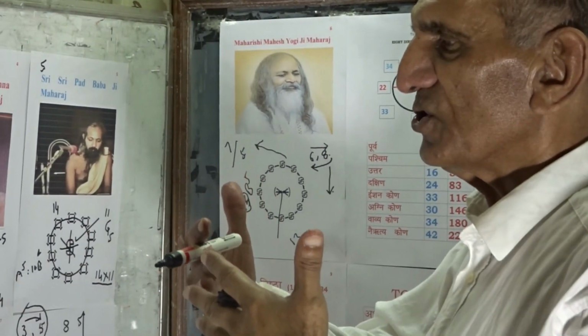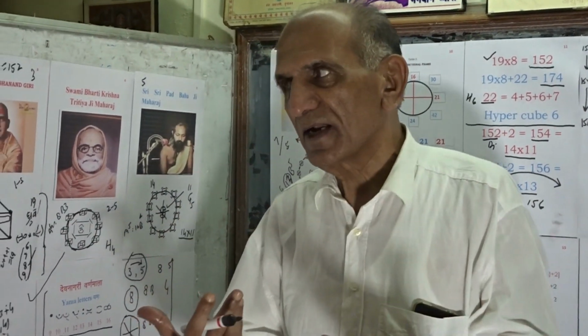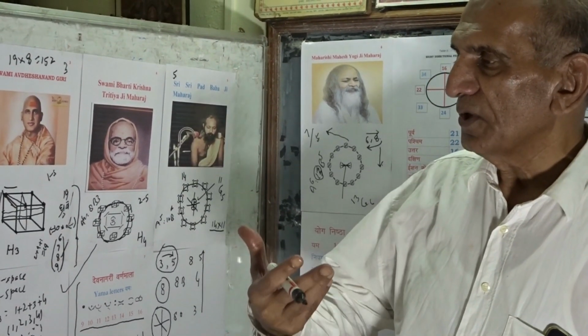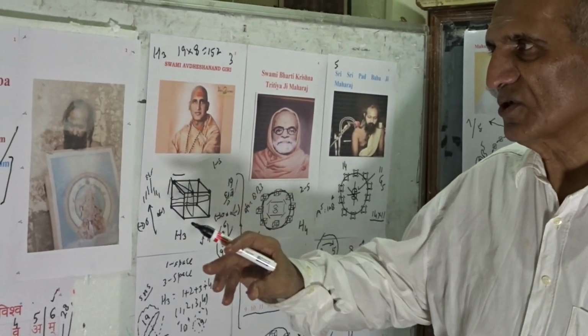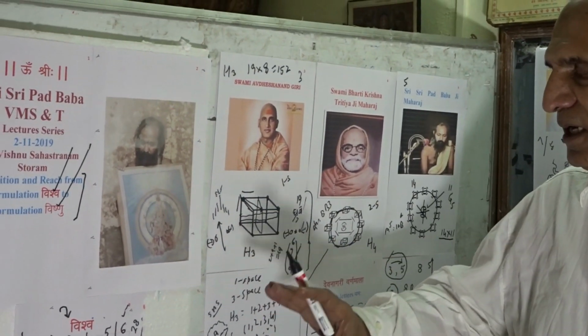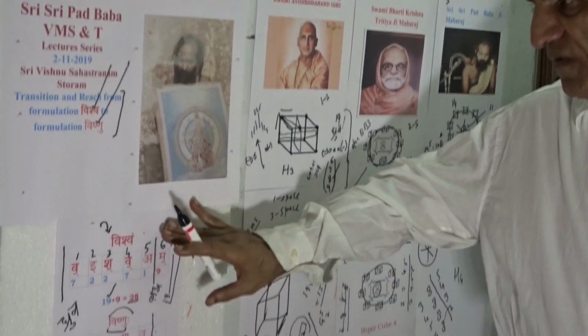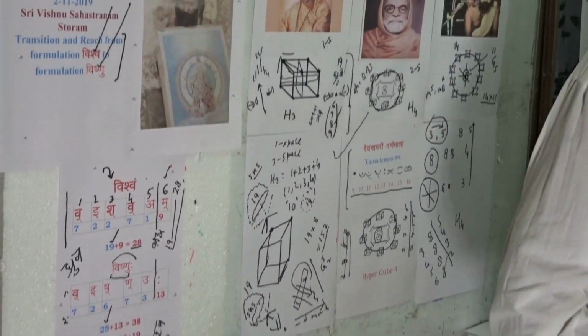It is this feature, this value, this format, this organization which is at play in the organization format of Shri Shri Vishnu Shastram Stotram, and these features of transition and reach from first formulation to the second formulation deserve to be comprehended well.